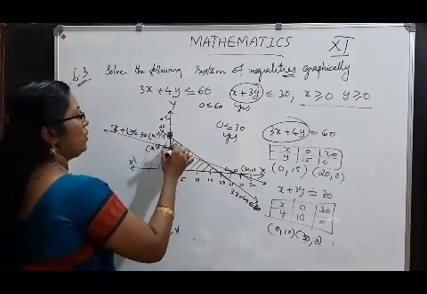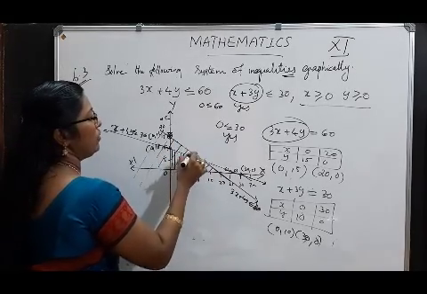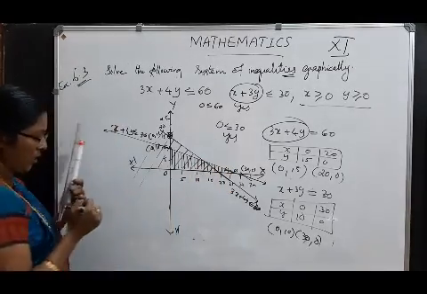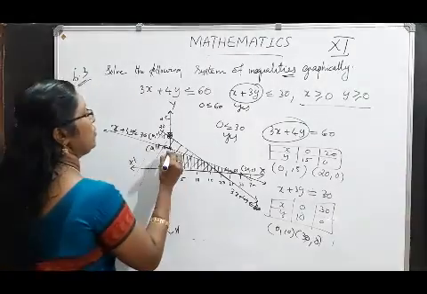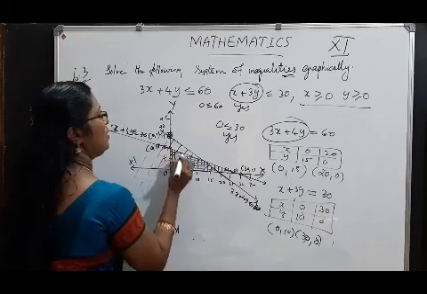So this is the line, only up to this for the first quadrant. Okay, the solution is the feasible region. Here is the solution.